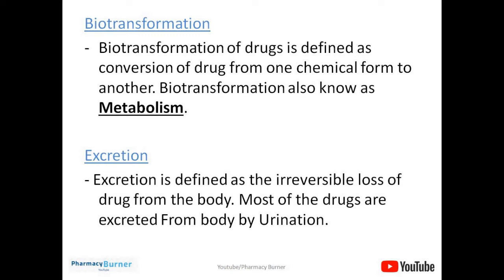Excretion is defined as the irreversible loss of drug from the body. Most of the drugs are excreted from the body by urination. There are other routes of excretion also, which are through feces, sweating and breastfeeding. These are also routes of excretion of drugs.